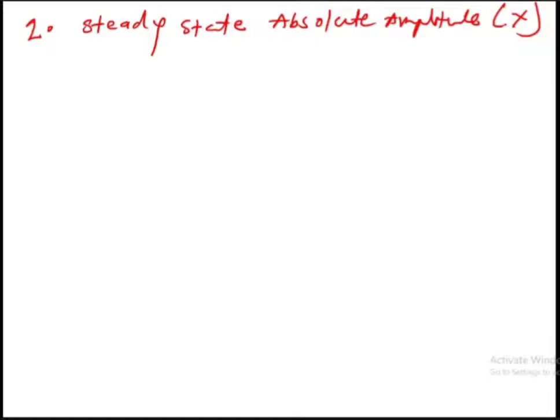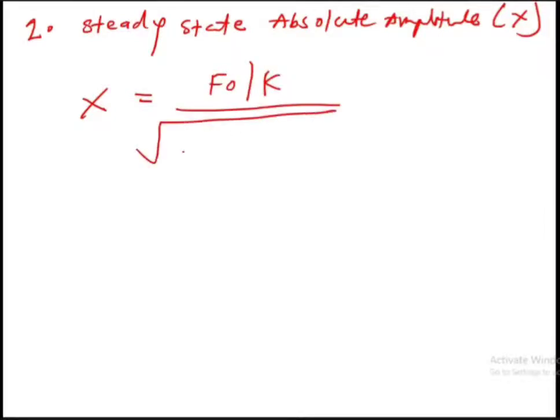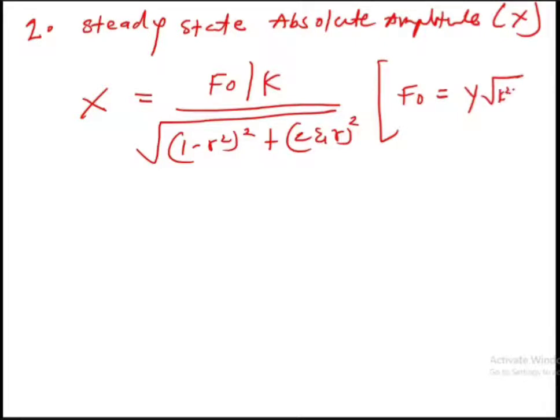Basically, you know that X, the steady state amplitude for forced vibration, is F0 by k. Always remember this basic formula: square root of [1 minus r square] bracket square plus [2 zeta r] bracket square. Now, what is F0? What we have derived for this particular case, F0 is nothing but Y into square root of k square plus c square omega square.